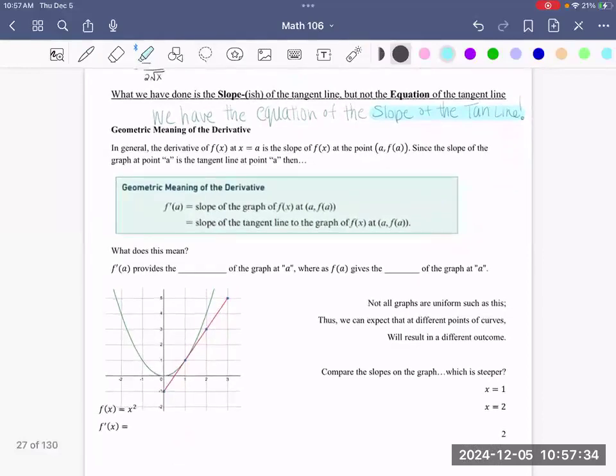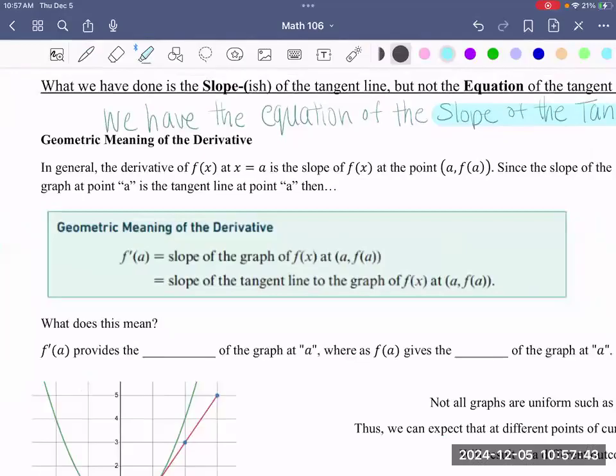Now let's talk about the geometric meaning of the derivative. So in general, the derivative of f of x when x is equal to a is the slope of your function f of x at the particular point when x is a, and then your y counterpart. So this is just an x coordinate, and this is your y coordinate found on the function.